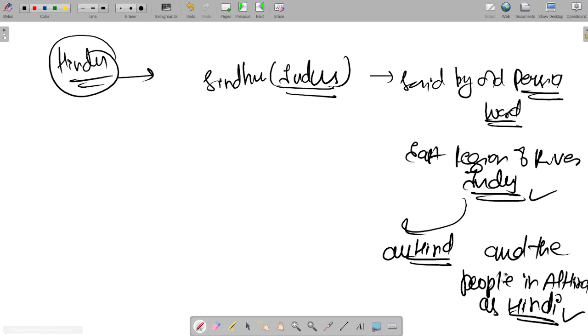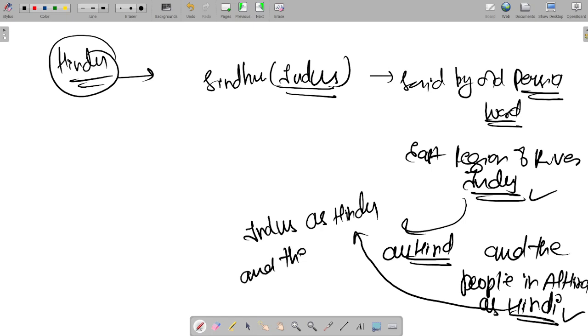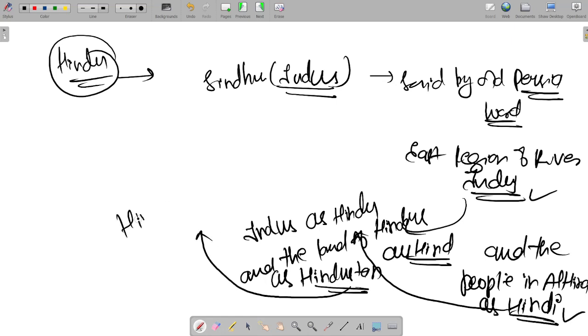Later, the Turks took this word from the Arabs and started calling Indus as Hindu and the land of Hindu as Hindustan, and their language as Hindvi.